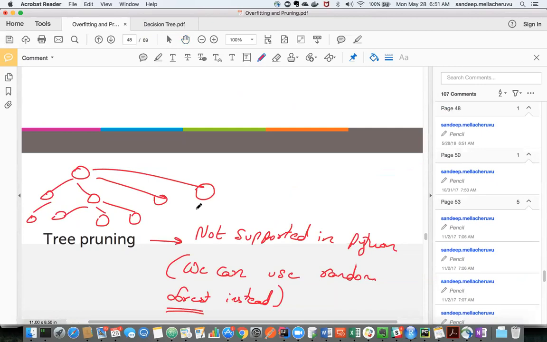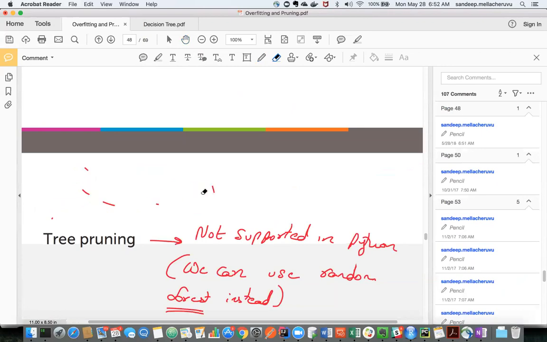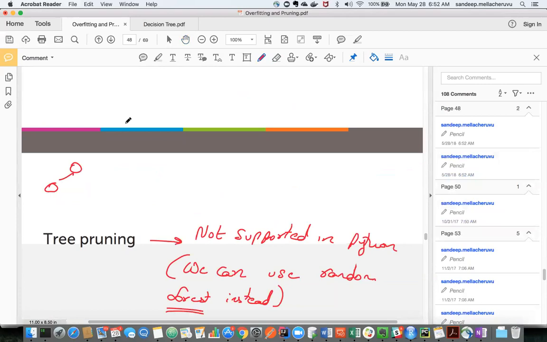Instead of growing the tree too complex and then trying to cut it down, just like you do in your garden, what if you develop it differently? Let's say you have 50 variables. Just because you have 50 variables, your tree is going to be too deep.